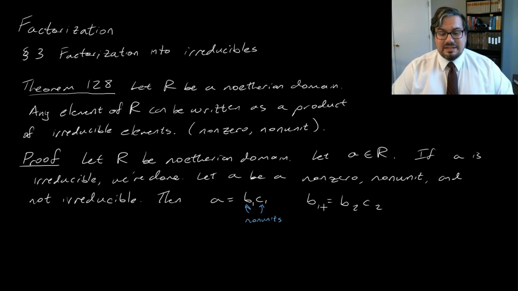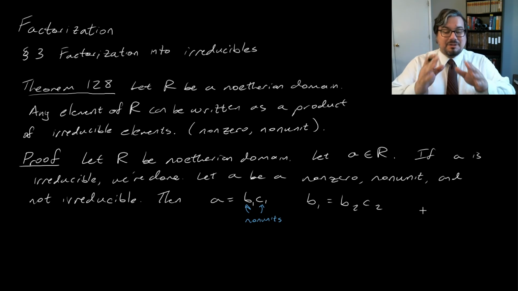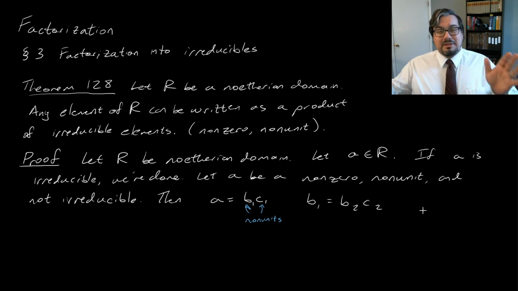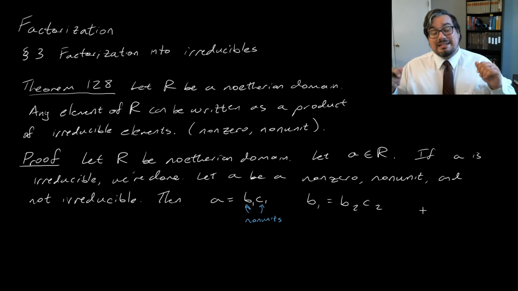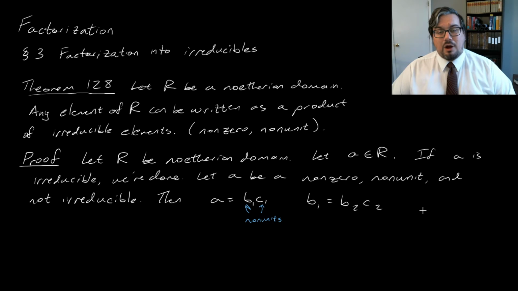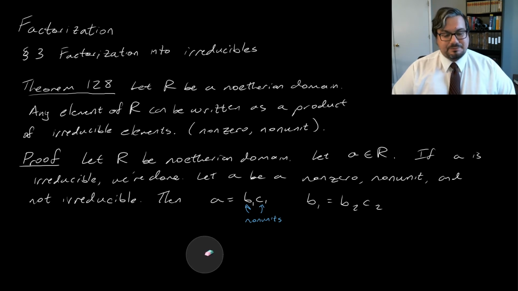We're going to keep looking at this first factor, B1, B2, B3, and if it's not irreducible, we're going to keep splitting it up into parts. And the Noetherianness of the ring R is what's going to guarantee that this process has to eventually stop. And that's the idea behind the proof.